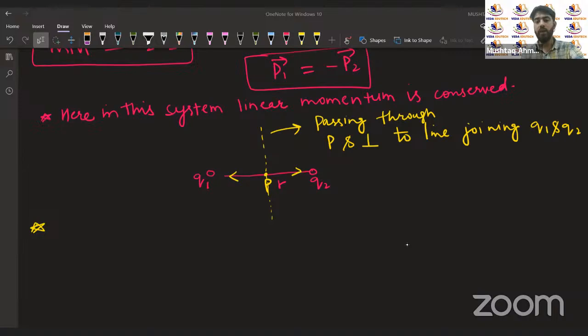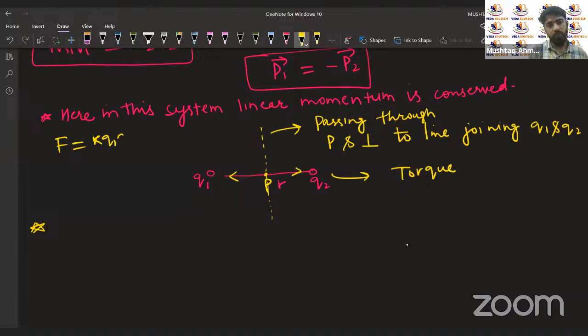And I'm drawing an axis which is passing through the point P and is perpendicular to the line joining q1 and q2, right? Now I want to calculate the torque because of this force F. What is that force F? That's nothing but the electrostatic force of interaction.